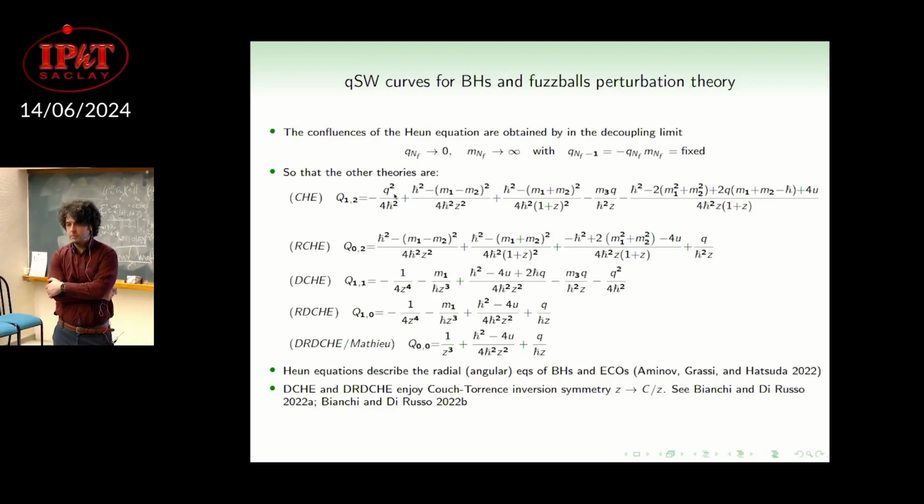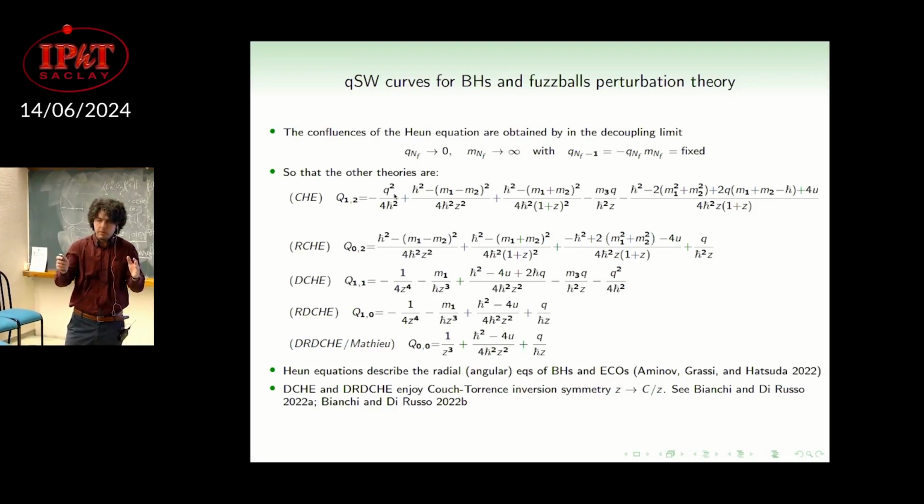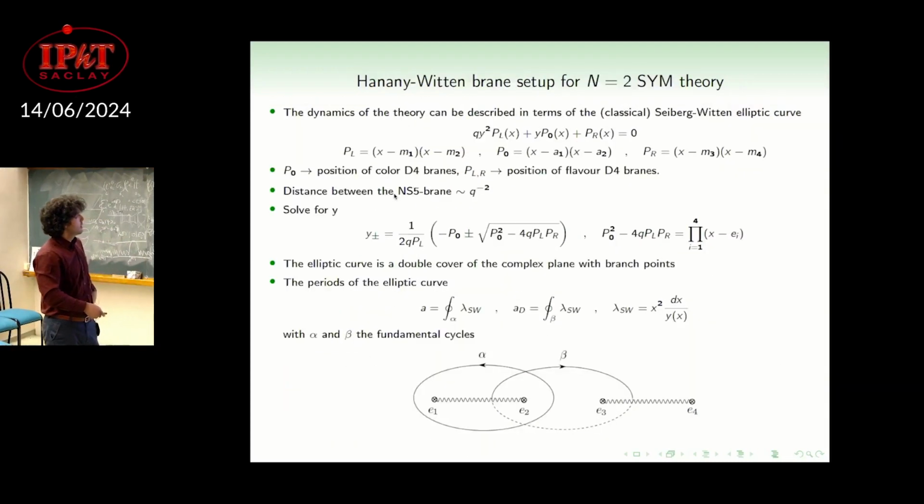A few slides ago, can you say what is the shape of the Seiberg-Witten curve, the classical one? The topology is the topology of the torus, but the shape: imagine that you have the complex plane. You have the square root, and this polynomial is quartic.